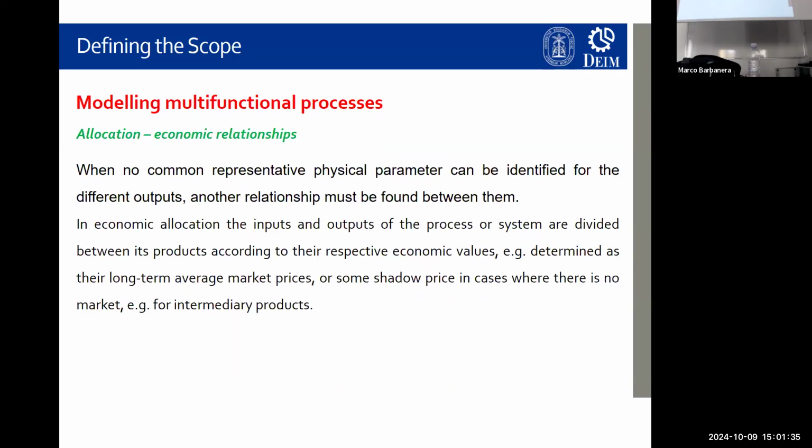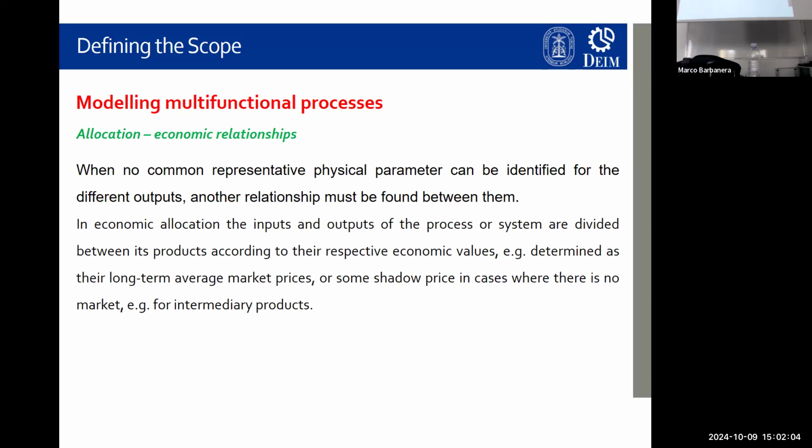But when we want to apply the economic criteria for the allocation procedure, we have also in this case a drawback, due to the application of the economic value. The main drawback is that the economic values of the products can change during time.